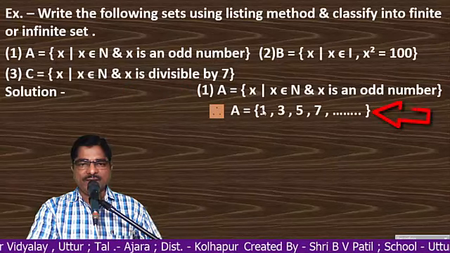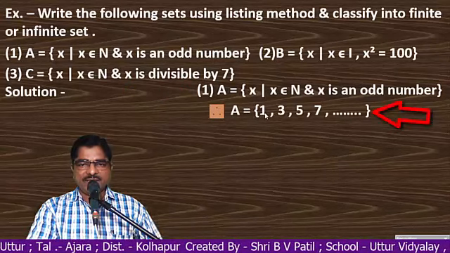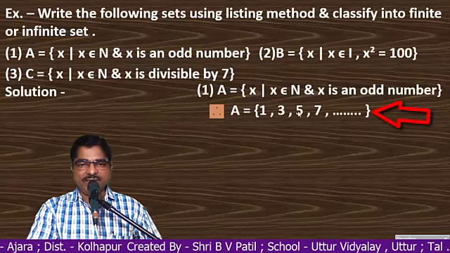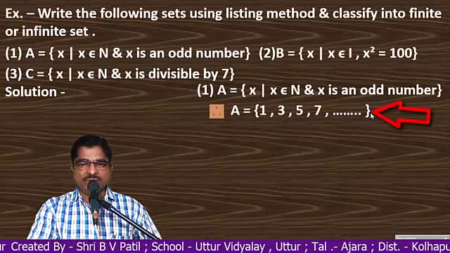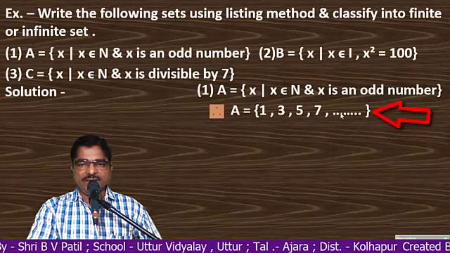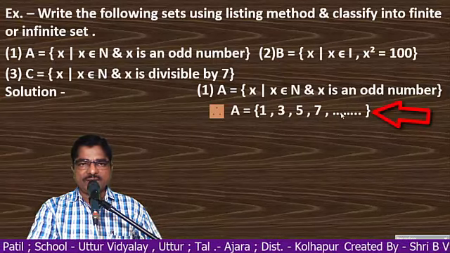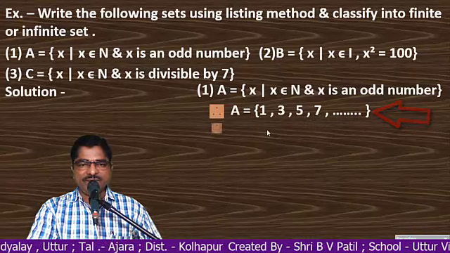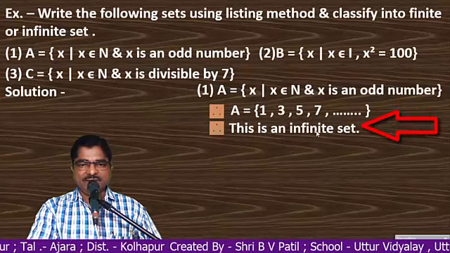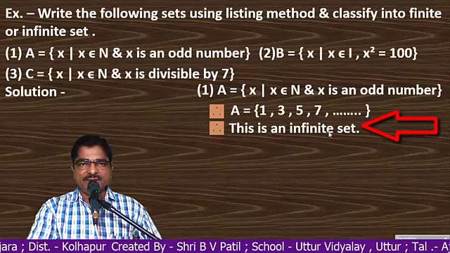Therefore, A is equal to odd numbers 1, 3, 5, 7 and so on. And here we cannot say the last number, therefore this is uncountable, which means this is an infinite set.